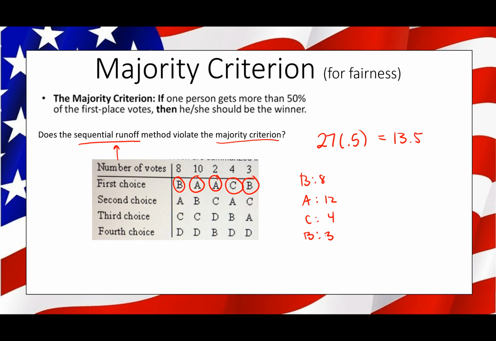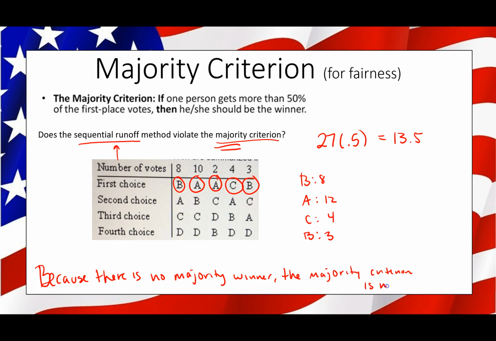So there is no majority winner. There's no majority. So we would say because there is no majority winner, the majority criterion is not violated.